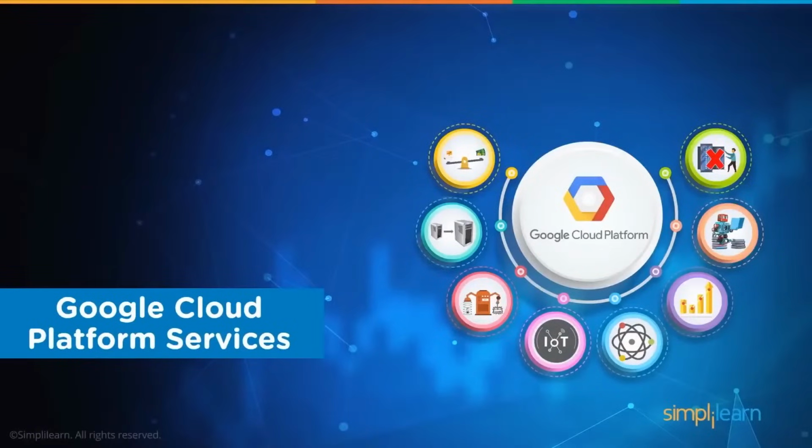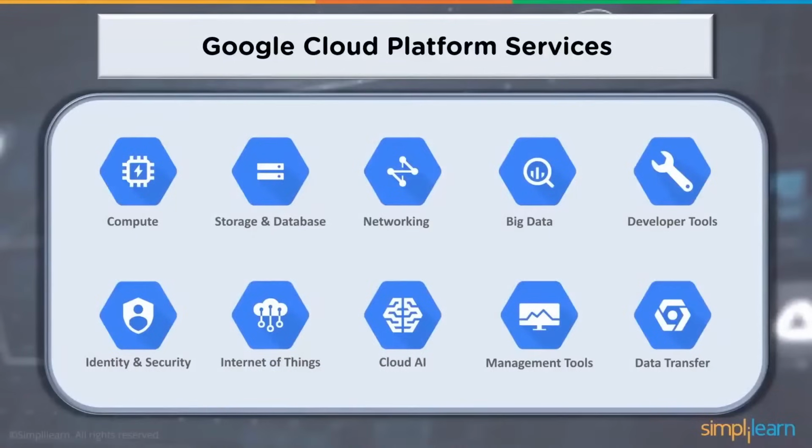When we talk about Google Cloud Platform services, here is a list of high-level domains or categories of services. So you have compute related services, you have storage and database, networking, big data, developer tools, identity and security management, Internet of Things, cloud AI, management tools, and also data transfer solutions.